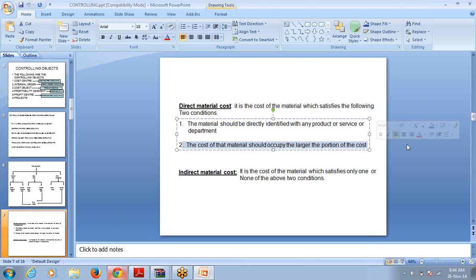Only $1 or $2. So here, the cost of the nuts and bolts is not satisfying the second condition. In this case, the cost of nuts and bolts is called indirect material cost. So, if any material satisfies both the conditions, it is direct material, otherwise indirect material.